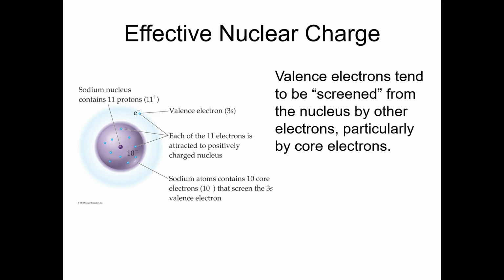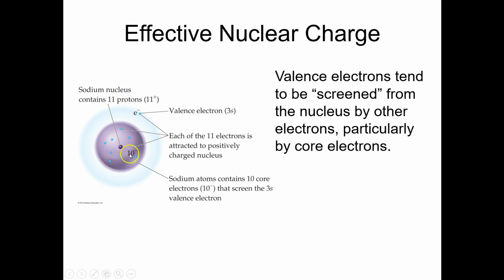And so you have this concept of screening, and valence electrons tend to be screened from the nucleus by other electrons, and that is particularly true that they are screened by core electrons. So if we think about a sodium atom, which has 11 electrons total, 10 of which are core electrons, and the 11th is the 3s valence electron of a sodium atom.